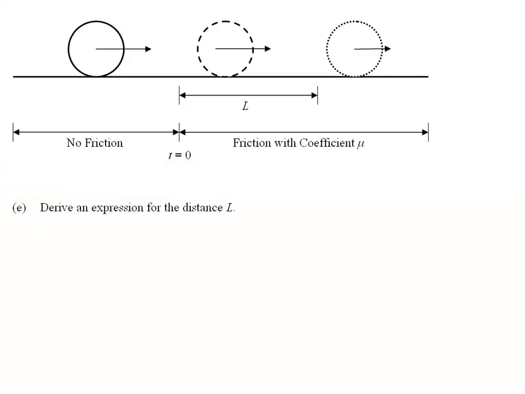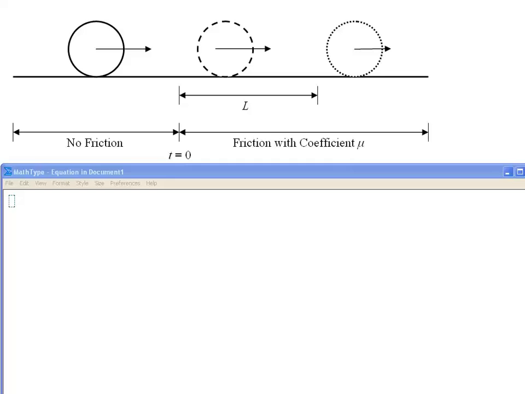Part E asks us to derive an expression for the distance L. Displacement is the area underneath the velocity versus time graph. So therefore, the distance L, which is the magnitude of the displacement, is going to be equal to the integral of our velocity function with respect to time. Our limits will be from 0 to the amount of time it takes to stop slipping.